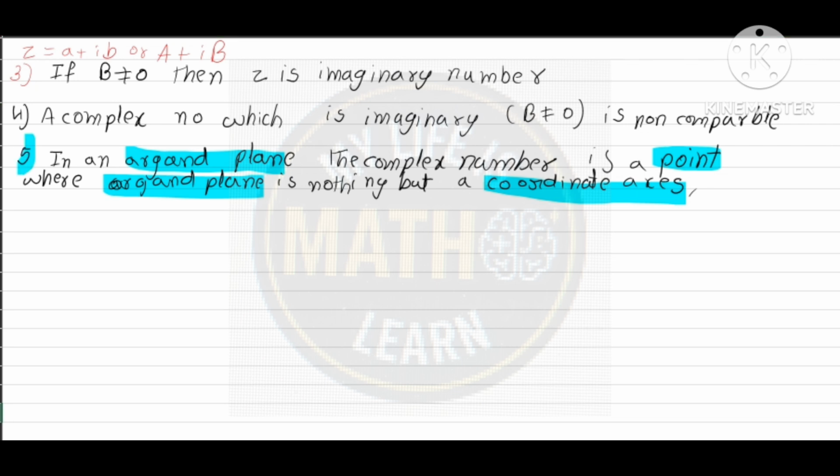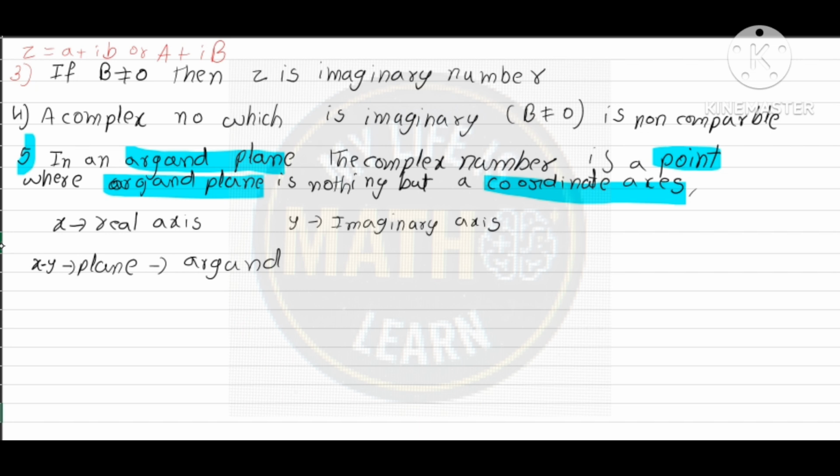Here the x-axis is the real part and the y-axis is the imaginary part. So the xy plane we can call the Argand plane. And every point on the Argand plane is a complex number.